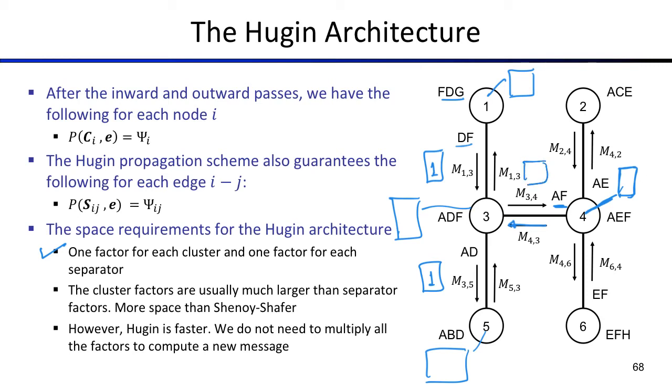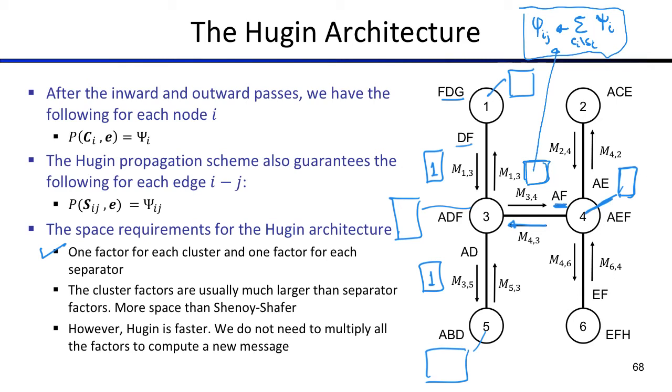So this guy here that used to be 1 is going to be now the following thing. It's going to be the big psi ij, it is going to be the sum. I'm going to take all the variables in the cluster but the ones in the separator, and this from the psi i. So what's going on here is that I'm going to store here this guy, the result of this equation here, that is the elimination of every variable that does not belong to the separator.